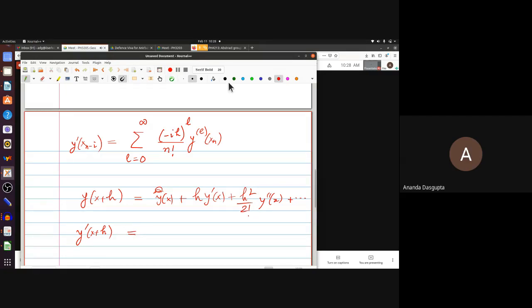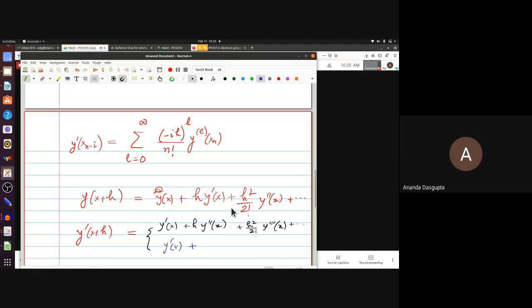So let me write down two alternative expressions. This one, where I actually differentiate these y's, and the other one is where I differentiate with respect to h, which is I get y prime at x.